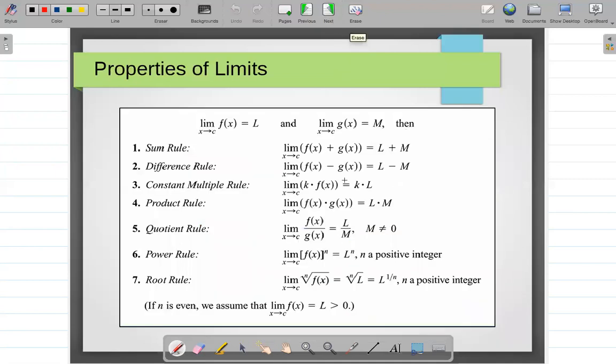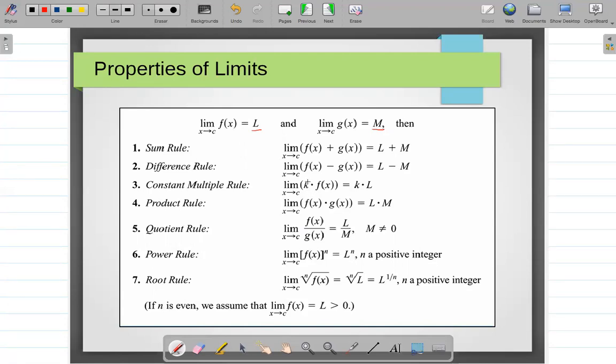Okay, so the next one here, we have these 7 properties. Let's say the limit as x approaches c of f of x is L, and for this one it's M. When there is a single limit with 2 different functions, then we can split this into 2 different limits. First one, I can say L, second one, I can say M. Similarly, it's the same thing for minus.